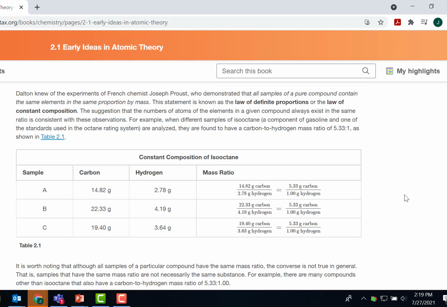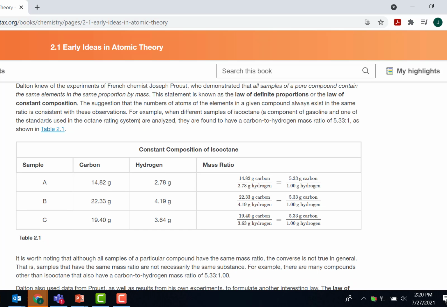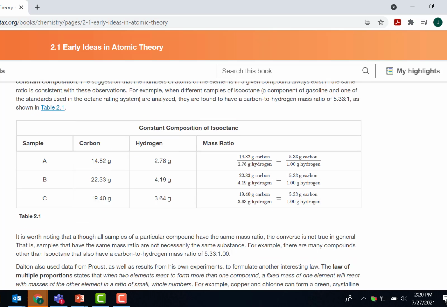Don't worry about remembering that specific mass is true for that substance. And in terms of the math that they're showing here, we'll be doing a version of that math in Module 3 based on the mole concept. That is more useful to us than just using masses. They didn't know about the mole back then, so that's why these are shown in terms of mass. So that's one of them, the law of definite proportions.